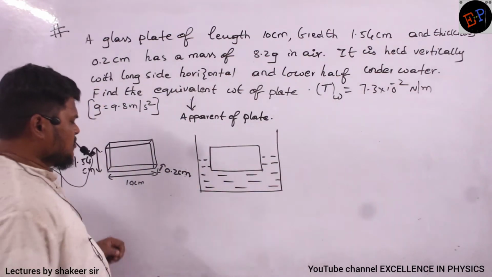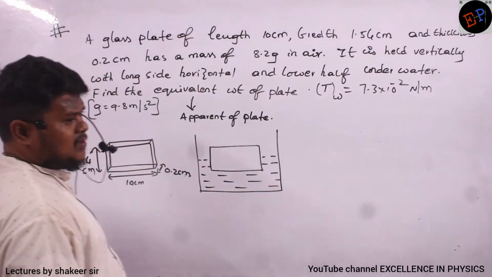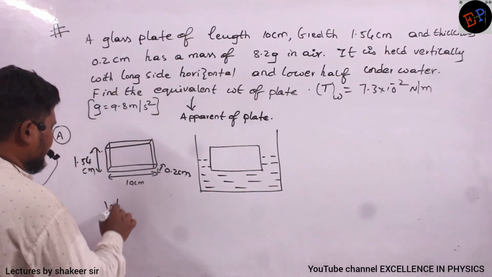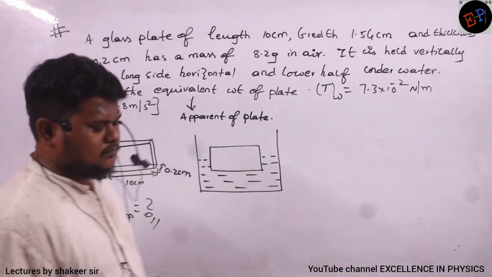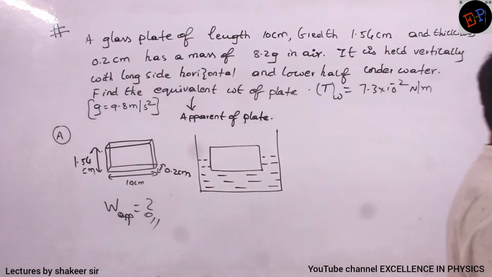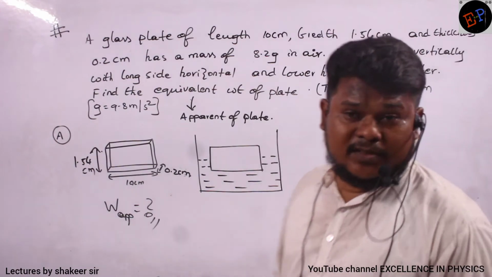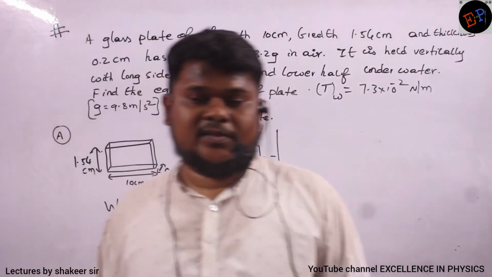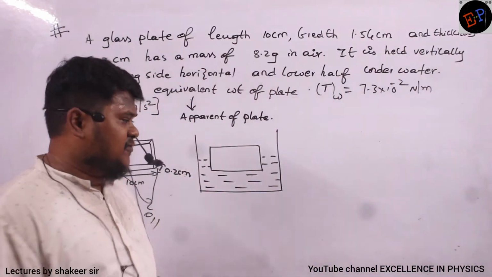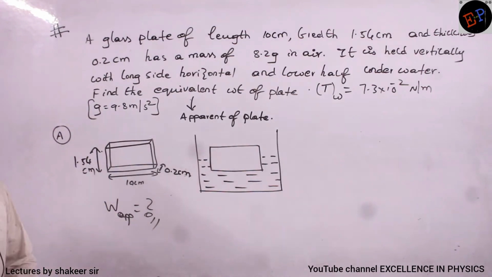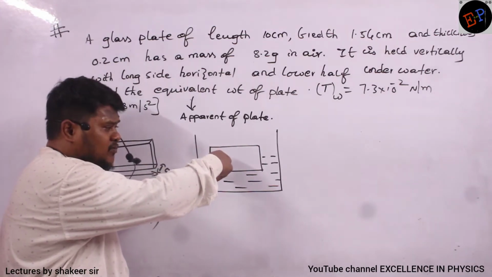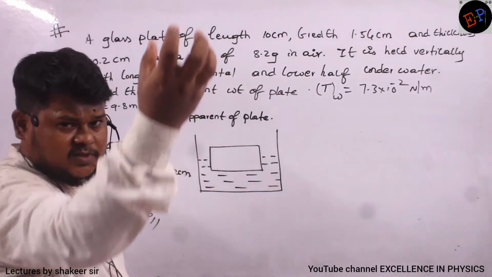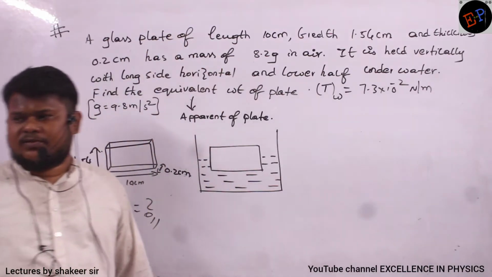These are the two conditions. Now we are supposed to calculate the apparent weight of the plate. W apparent, how can I calculate? Can anybody say? W, the actual weight, minus the force of buoyancy. Surface tension forces are also there. See, if I just try to pull this plate out of water, surface tension forces will pull the plate downwards, no?